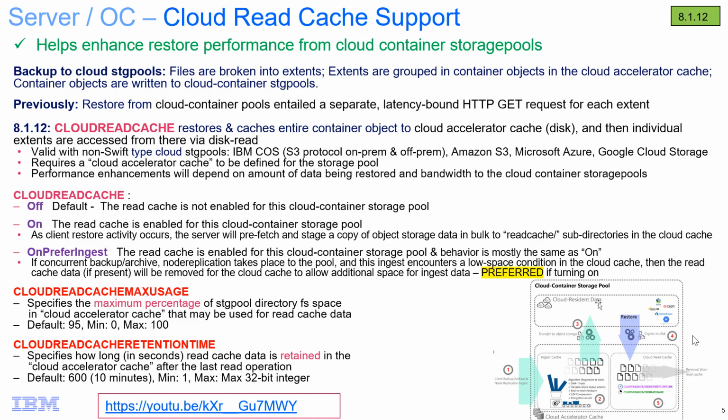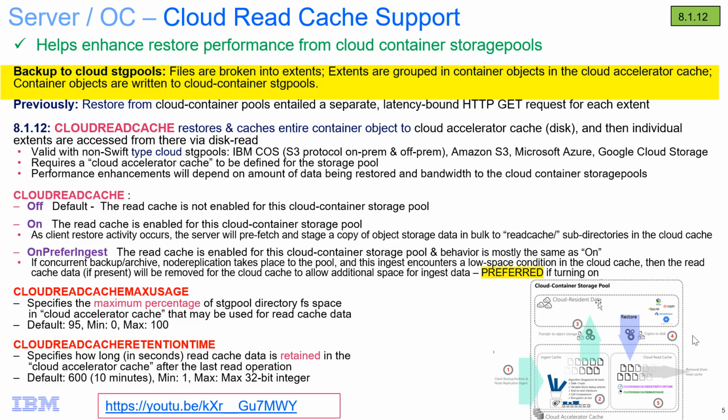First of all, when we back up to cloud container storage pools, the files are going to be broken into extents, and it's based upon these extents that we do dedupe. So if an extent is already stored in a container storage pool, we don't back it up again.